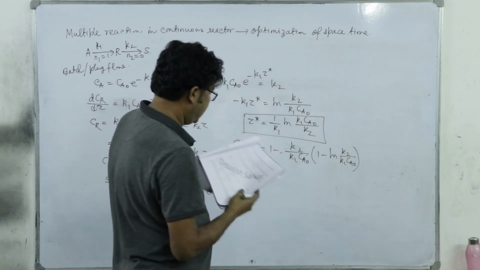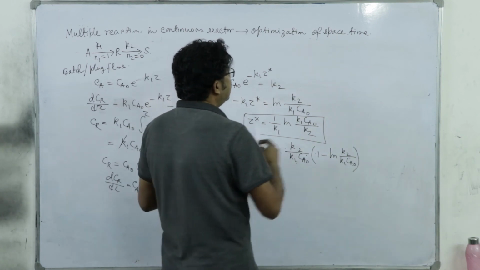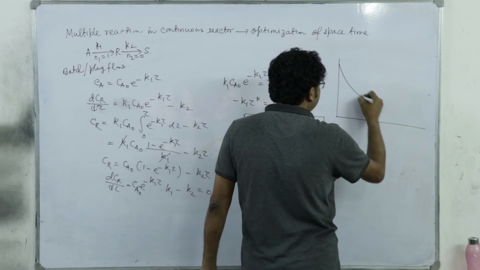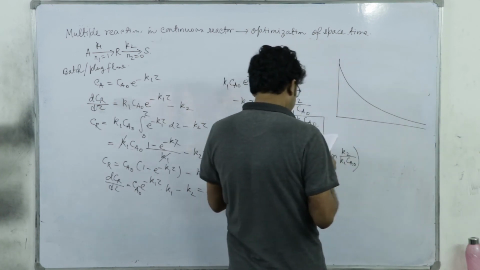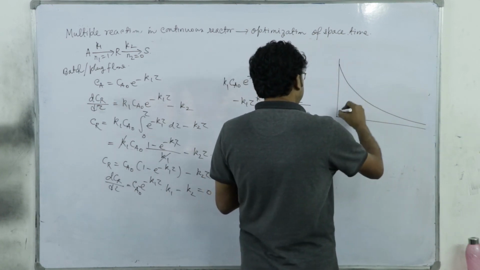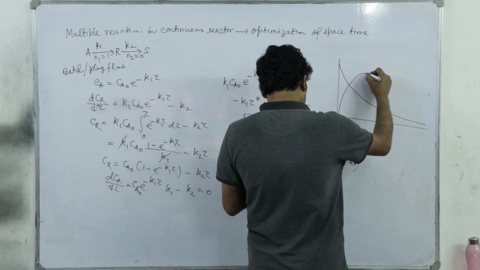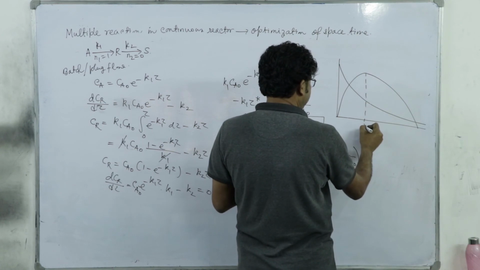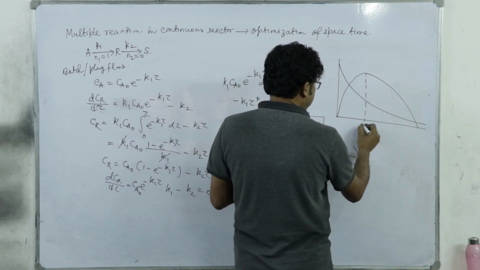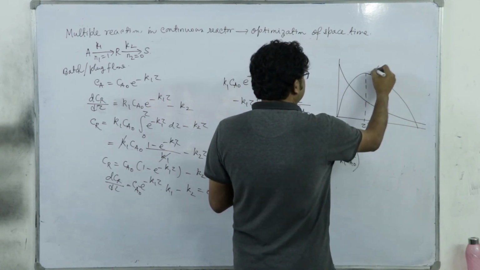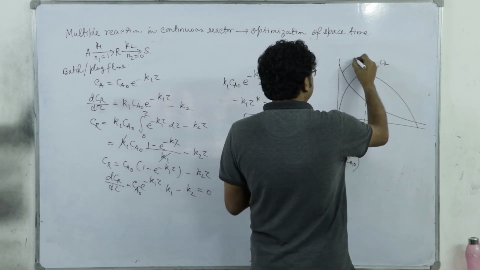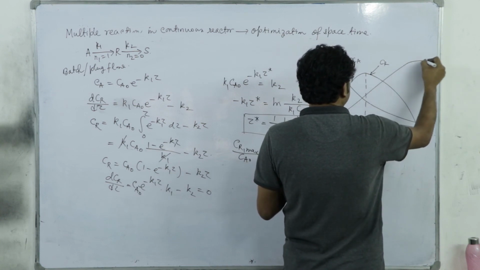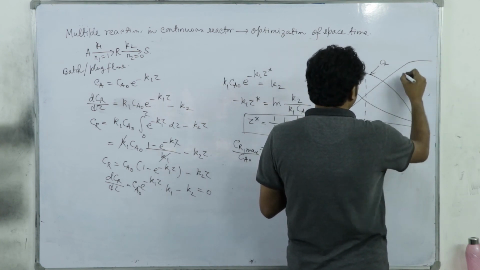And graphically, we can interpret that as concentration of A will be decreasing like this, concentration of R will be increasing. This is tau star, this is Cr, this is Ca, and concentration of S will increase and finally settle down.